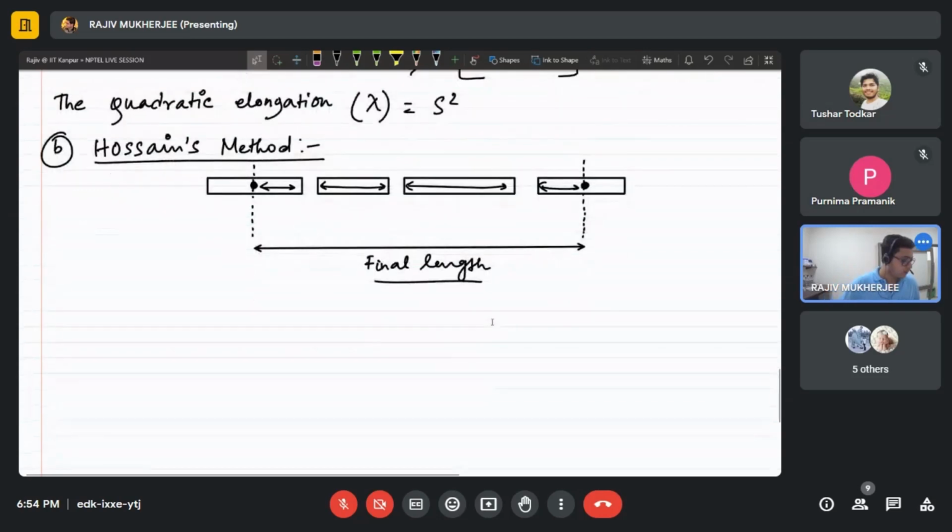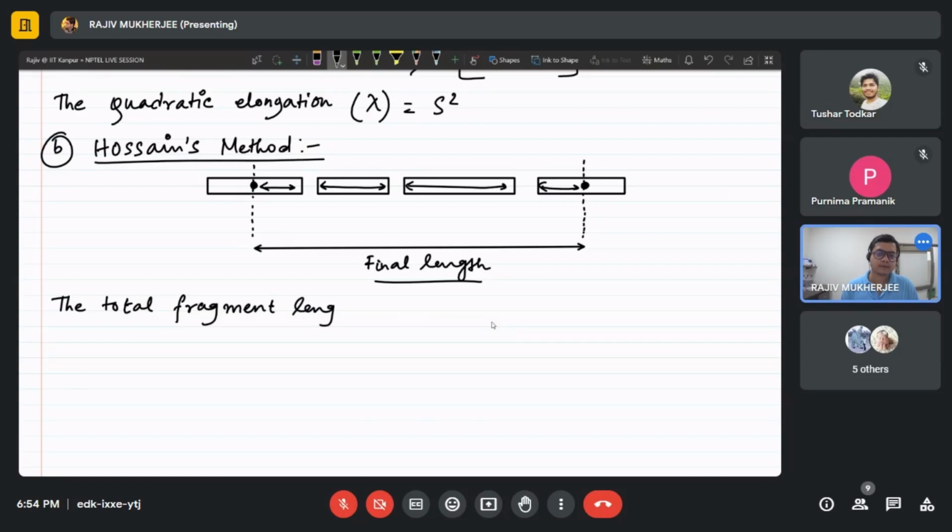So in this case, the total fragment length is expressed as F total is equal to half, summation i equal to 1 to n.